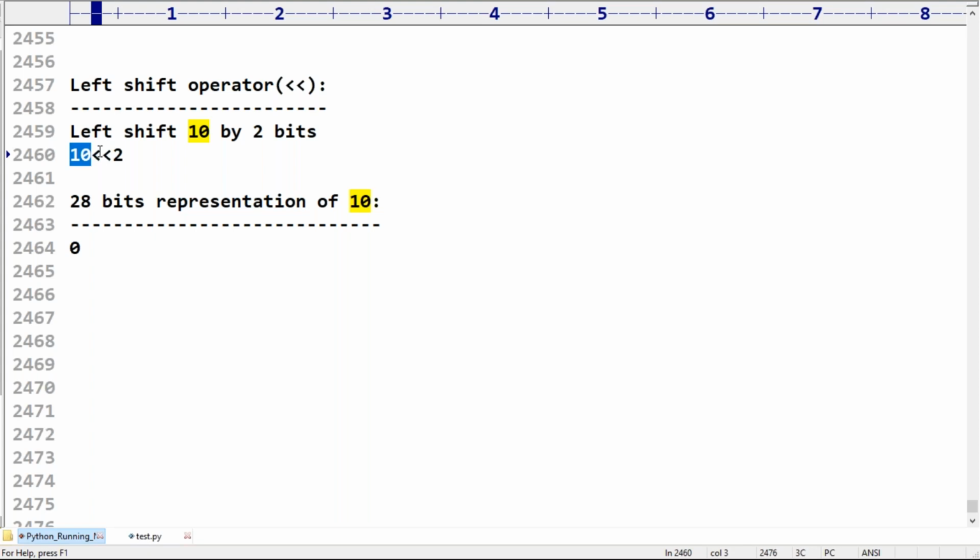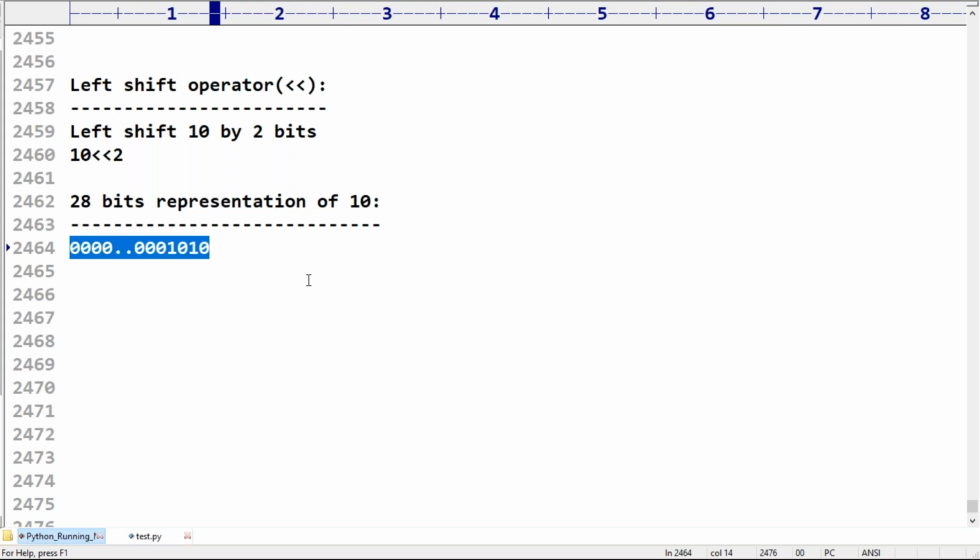How do we represent 10 in binary? 1010. Remember this one, dividing 10 by 2 repeatedly gives 1010. Now 27 bits are there, so the rest are zeros, then 1010. This is the 28-bit representation of 10. Any doubt? Are you feeling comfortable?